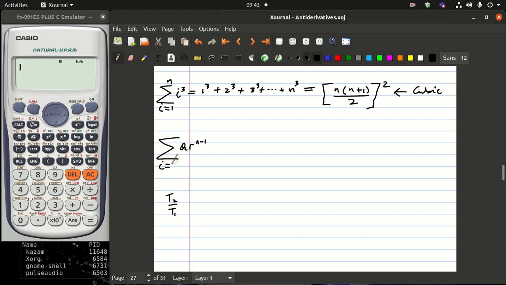So if it is running from 1 up to n, we said that this is always going to be a times 1 minus r raised to n all over 1 minus r. Of course, you can see here that the number of terms here is the same as the number of terms that are here.